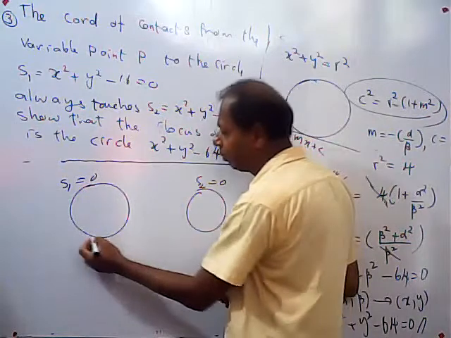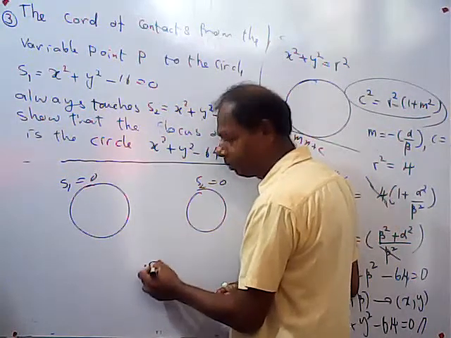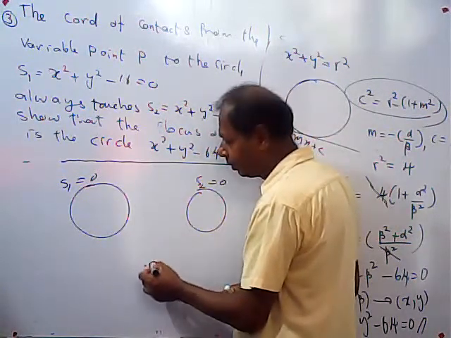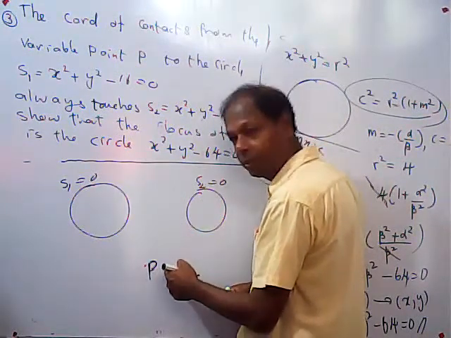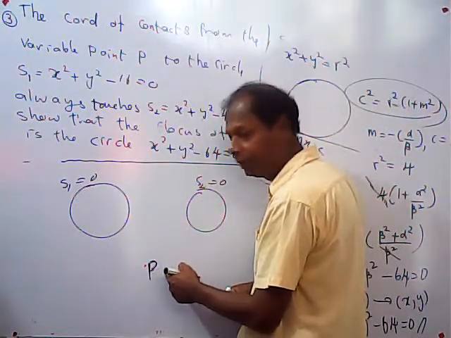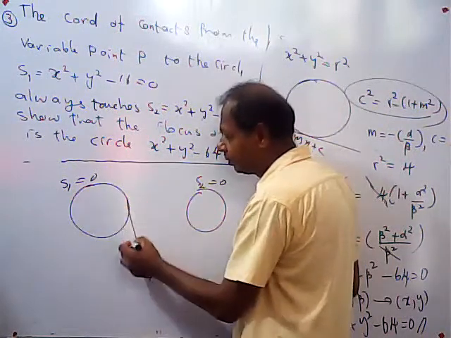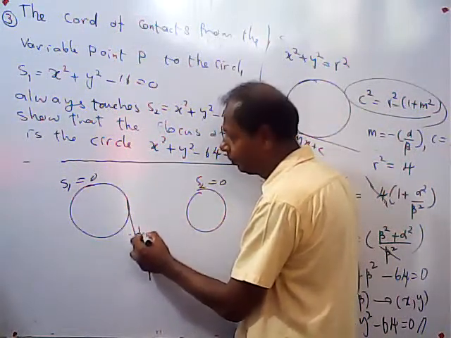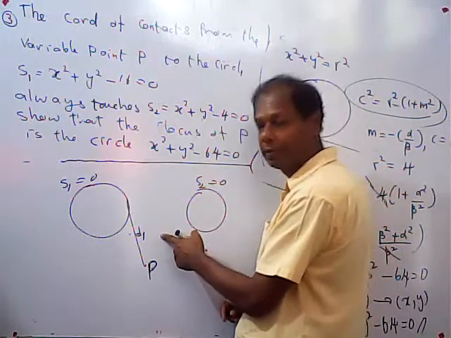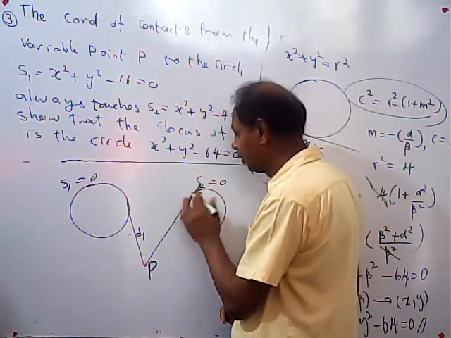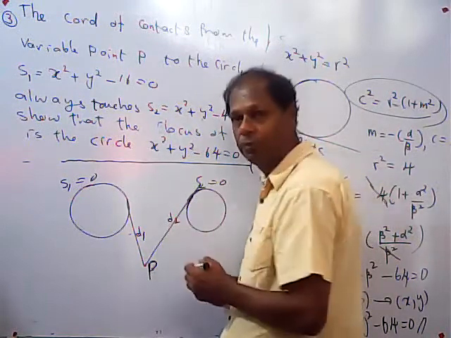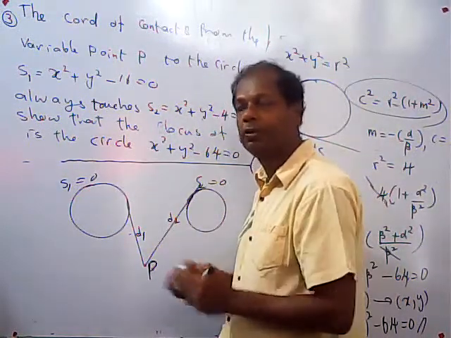You have to find the path of variable point P. The requirement is that from the point P, the distance D1 to S1 and the distance D2 to S2 are equal.